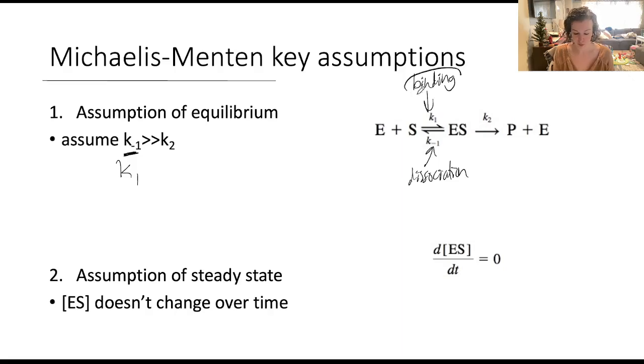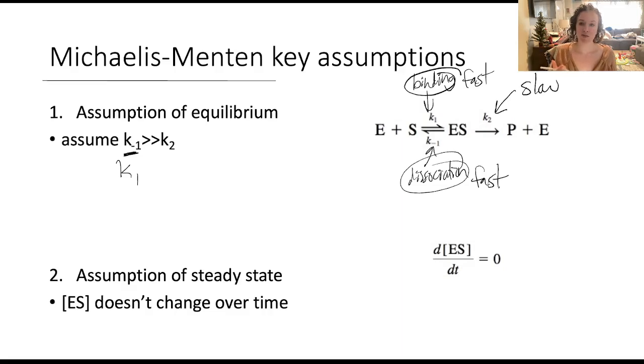So binding and dissociation are fast. K2 is small. So the step of converting enzyme substrate complex into product, the reaction, we assume K2 is very small or slow.